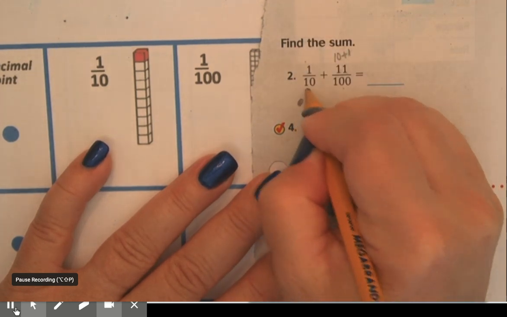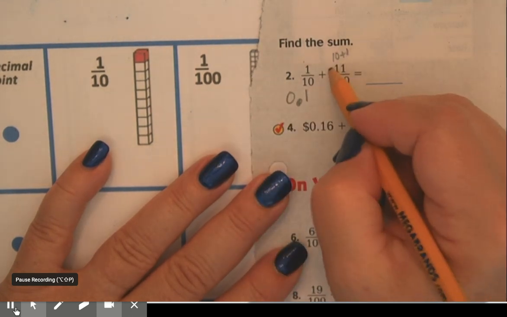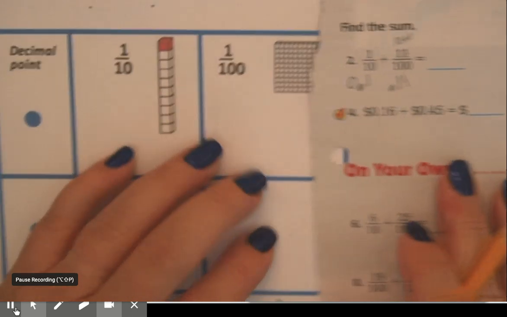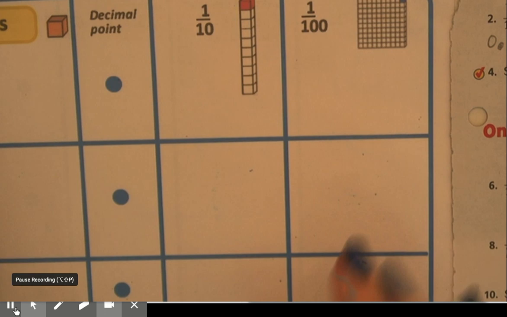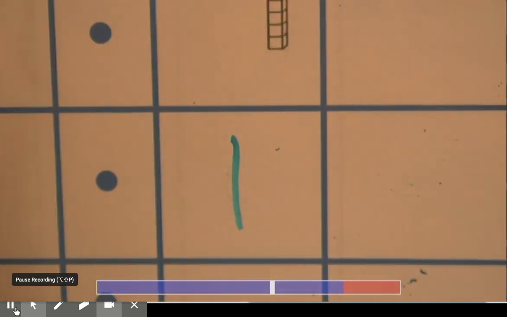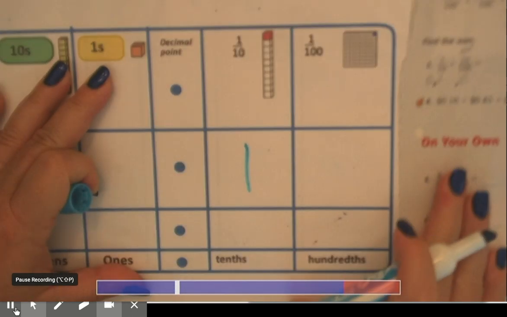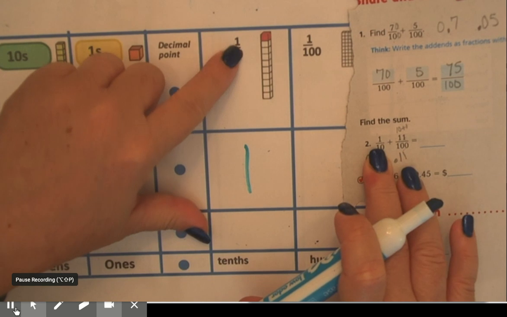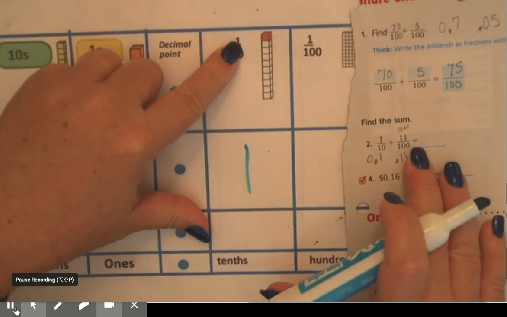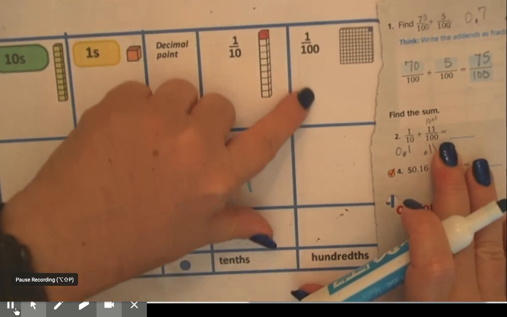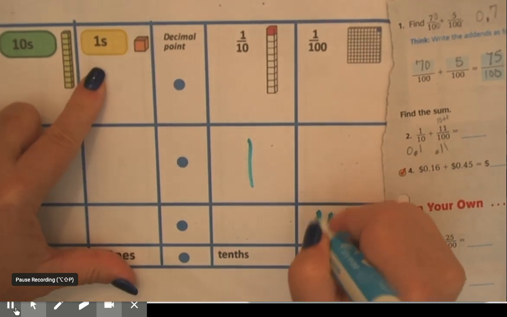1/10 looks like this in decimal form. 11/100 looks like this in decimal form. If I was to write it on my handy dandy chart here, 1/10 means I put a 1 in the 10th place. 11/100 means I have to put 11 in the hundredths place, and I can't do that.